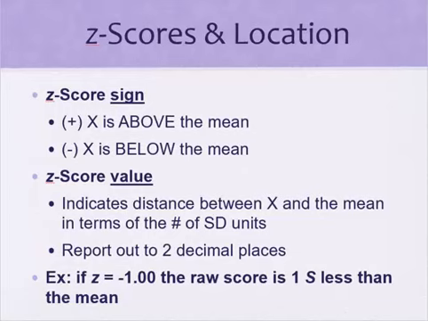What this negative 1.00 means is that whatever the raw score was, it doesn't matter what it is, but whatever it was, it corresponds to a z-score of negative 1.00. And in the original raw data, a z-score of negative 1.00 means that the raw score was 6 points less than the mean. So here when we standardize the scores as z-scores, we're talking about how far the raw score was away from the mean, right? Either above or below it.